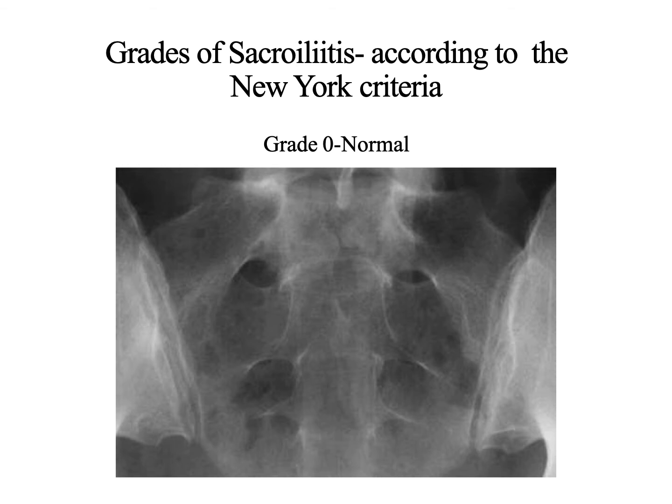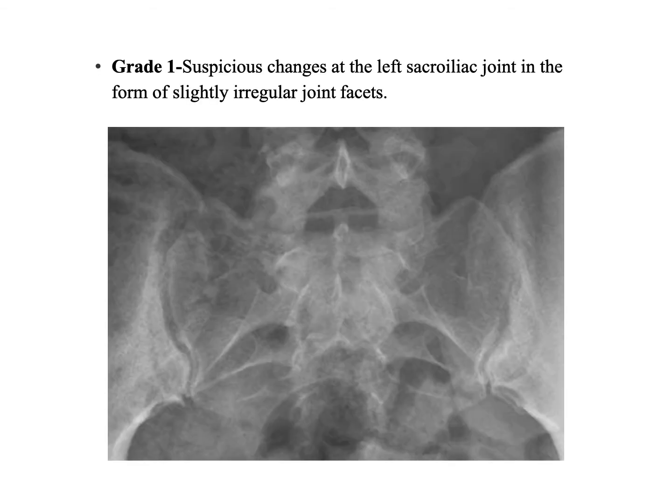New York criteria gave grades for sacroiliitis. According to this, there are 5 grades from 0 to 4. Grade 0 is considered a normal SI joint. Grade 1, suspicious changes at the left, in this case at the left sacroiliac joint, in the form of slightly irregular joint facets.